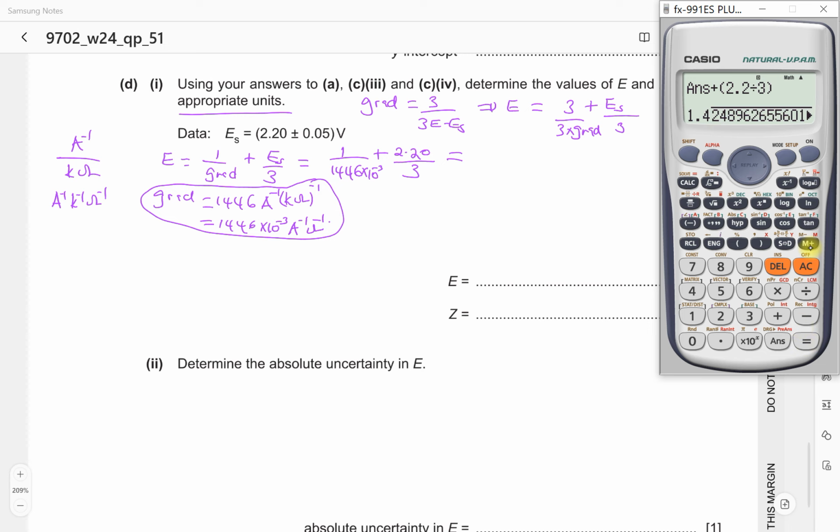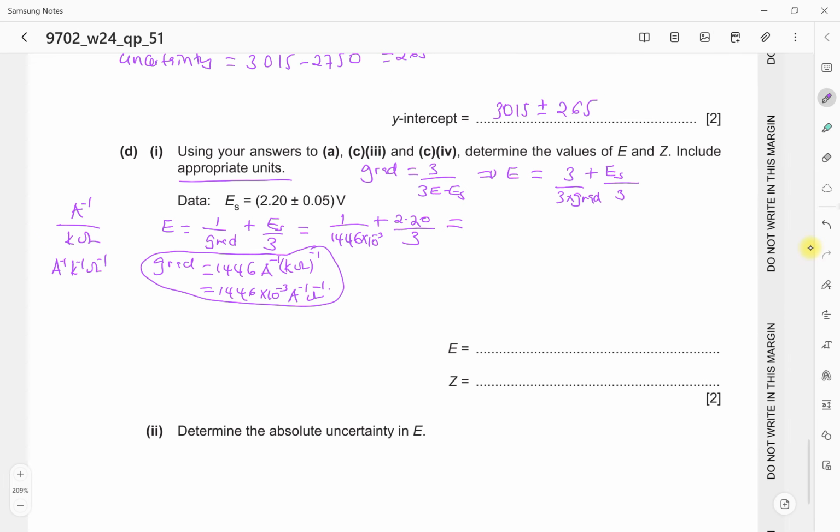So that is 1.42 to three significant figures. So E is going to be 1.42 because I changed the gradient to have SI units, and E is EMF, so I'll just put here volts.